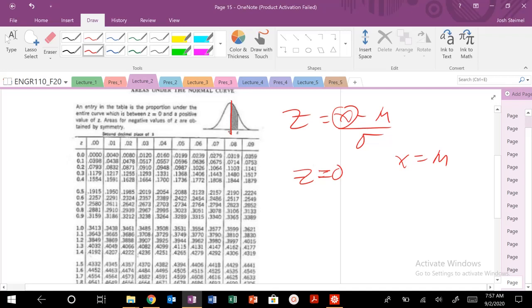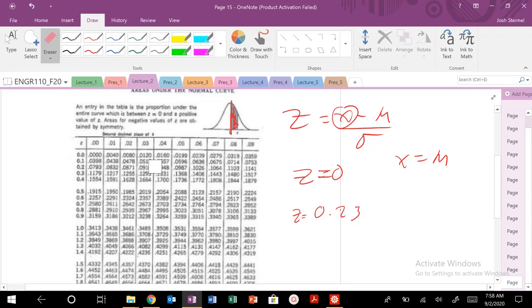This table gives you the integration, the area under this curve, from 0 to different z-values. So if I want to look at a z-value of 0.23, I'm going to go from here, here, and then 0.23 is right here. That's how you read and utilize these z-tables.